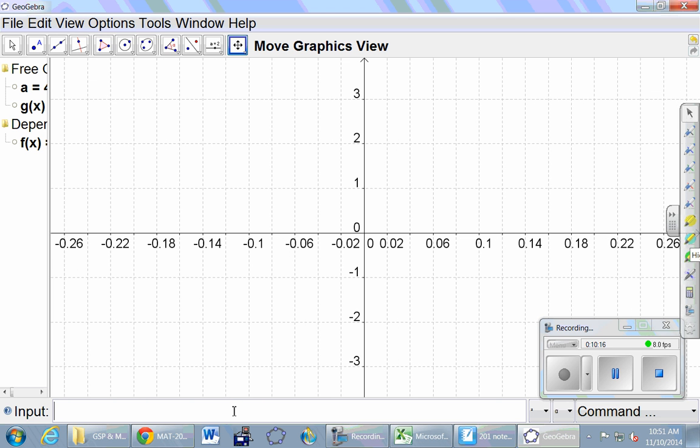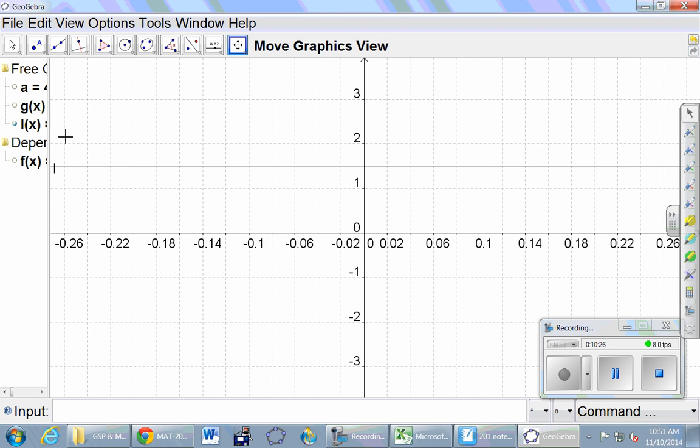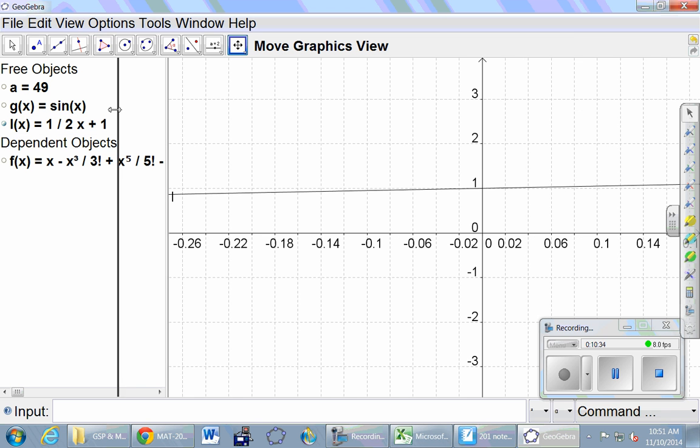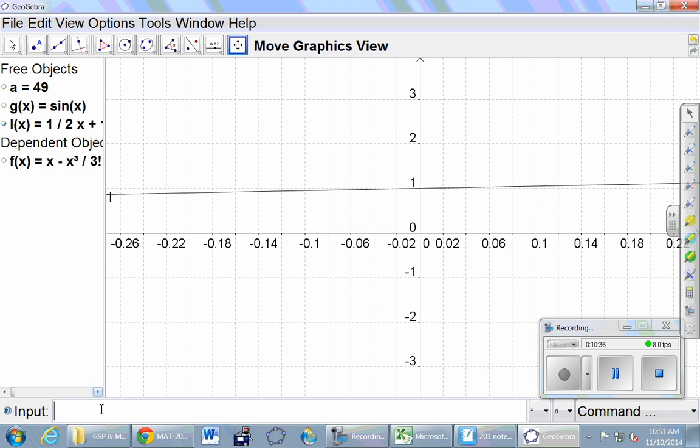All right, so the line function was L of x equals 1/2 x plus 1. Okay, so there's our line. Yep, good. And then the square root function, that was called square root of 1 plus x.